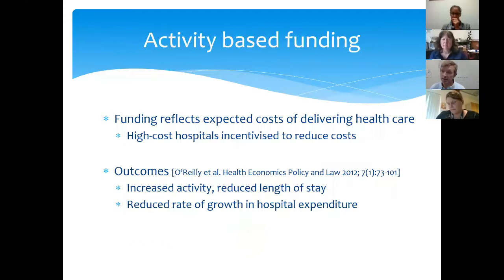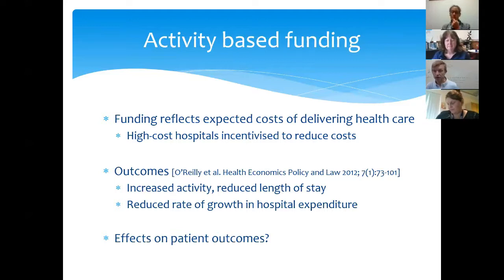Looking at funding mechanisms next, activity-based funding is taking over the world, it seems. Certainly in Australia, with the Independent Hospital Pricing Authority implementing activity-based funding at a national level, it is now relevant in all states and territories.